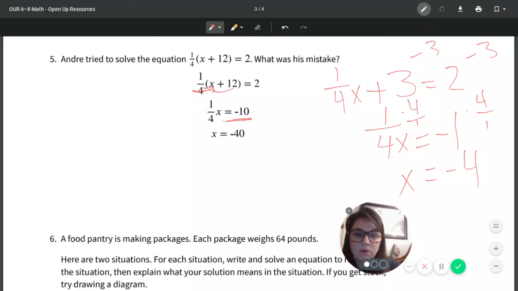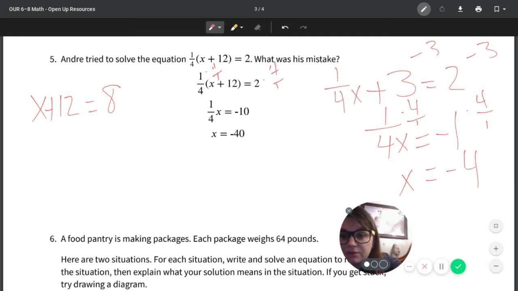Now, if he had done it the way we just tried to do it, where he multiplies each side by the reciprocal first, he would get x plus 12 is equal to 8.